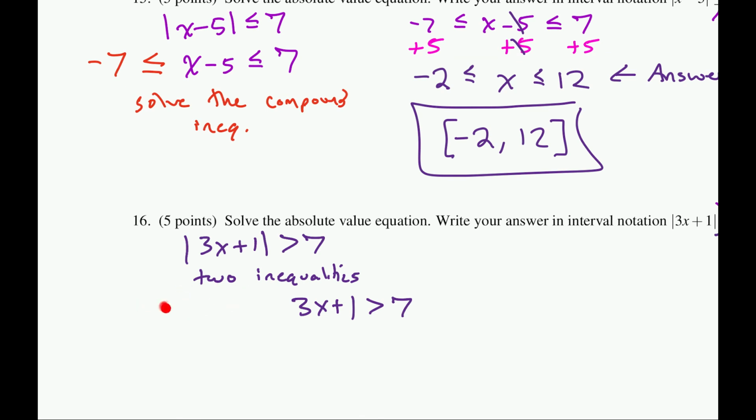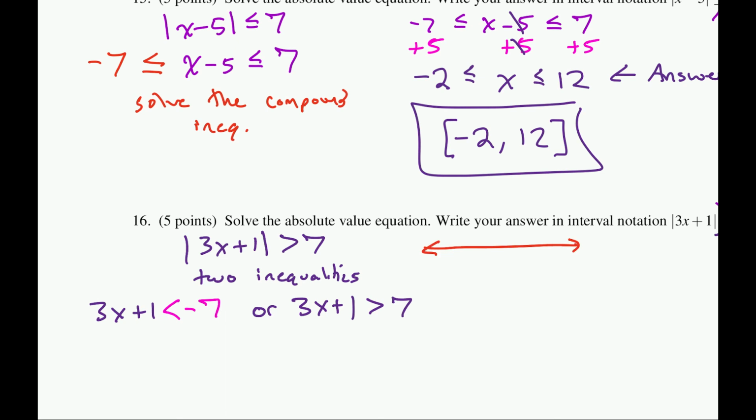What we have is an entire separate inequality. That is 3x plus 1, and what you do is this symbol needs to be reversed and the 7 needs to be negated.